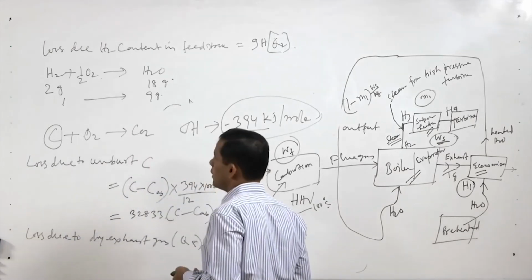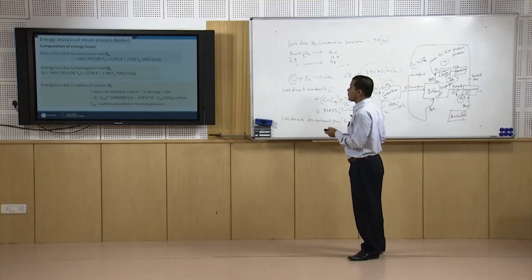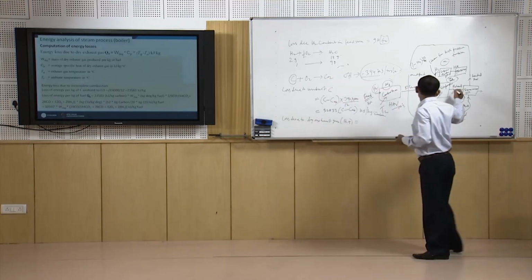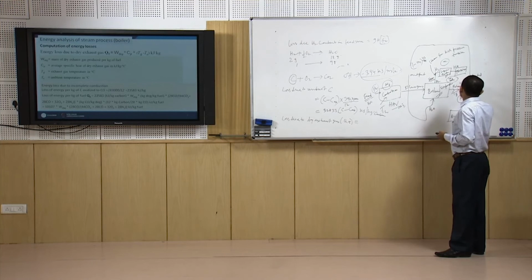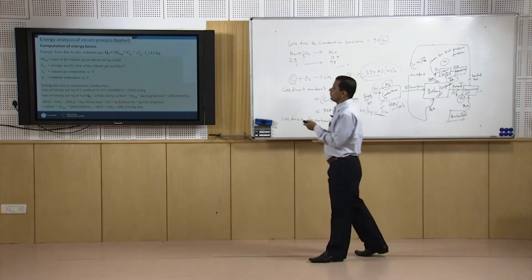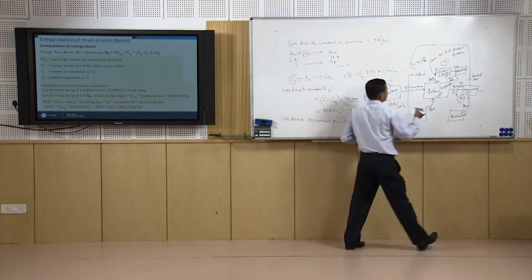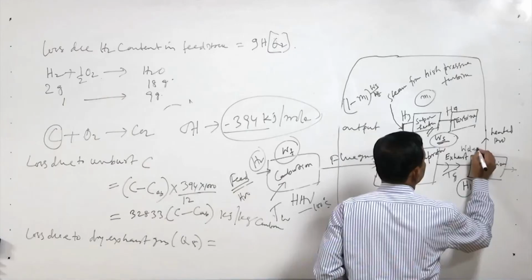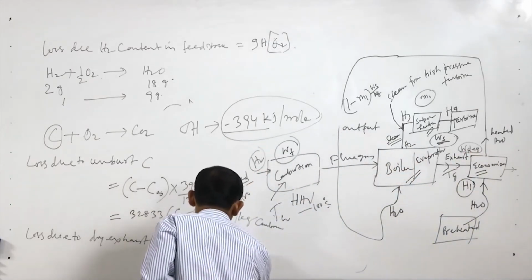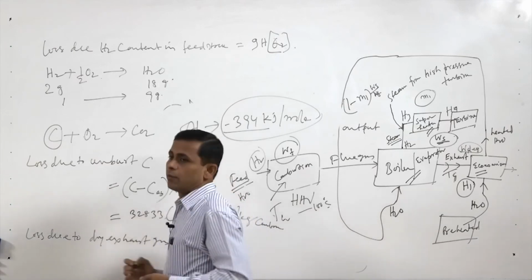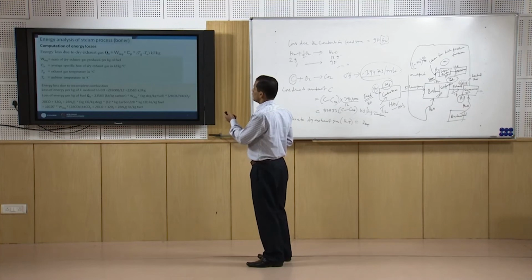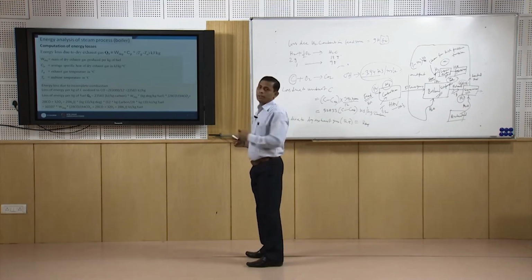So, what is this? We have to see how much exhaust gas is generated. WDEG is the mass of dry exhaust gas which is generated per kg of fuel.